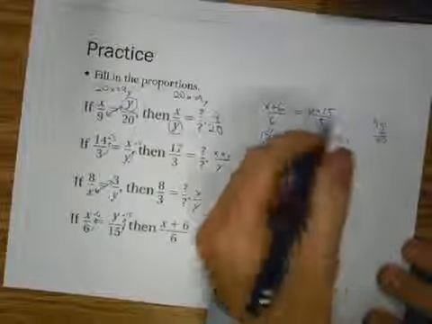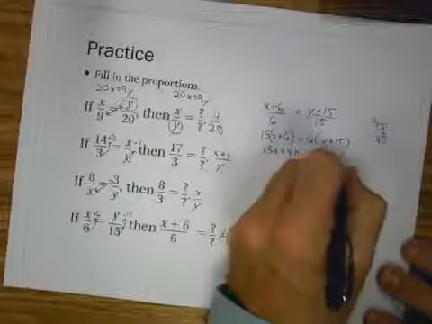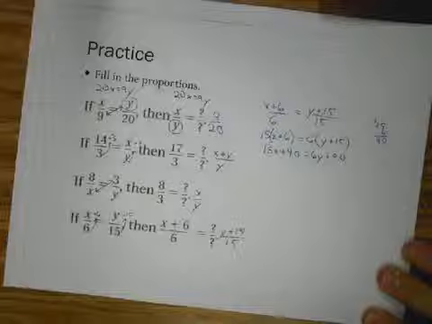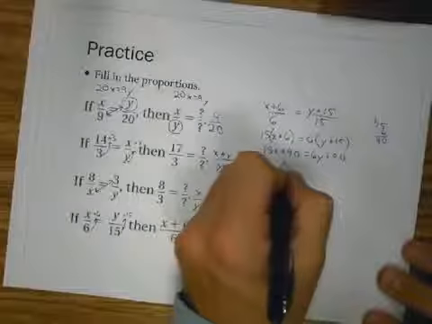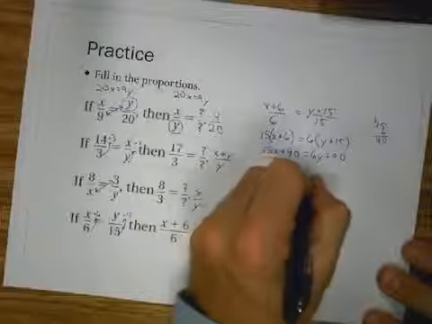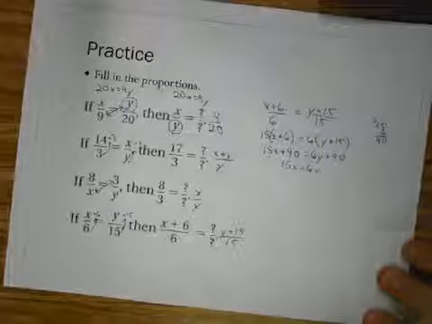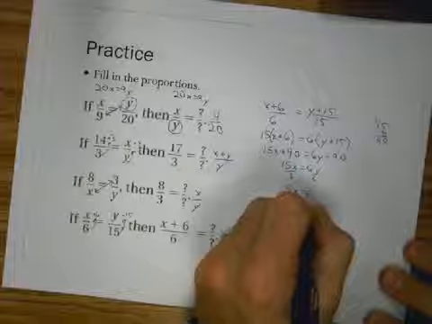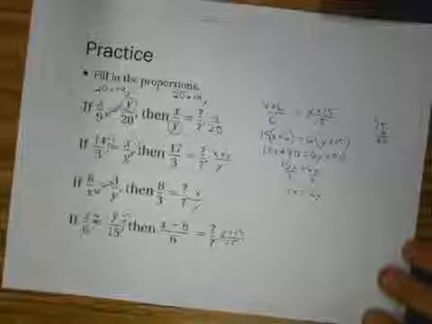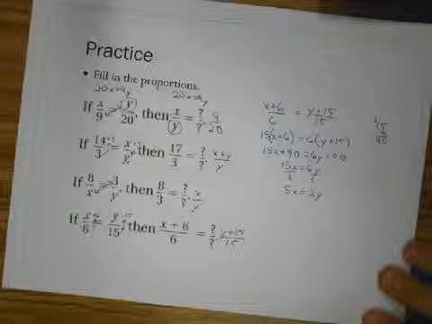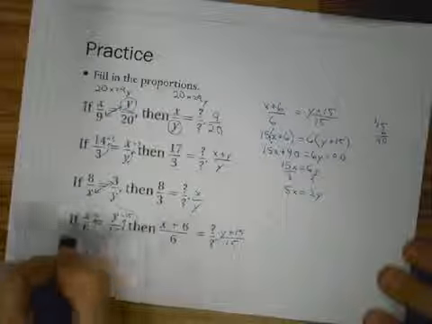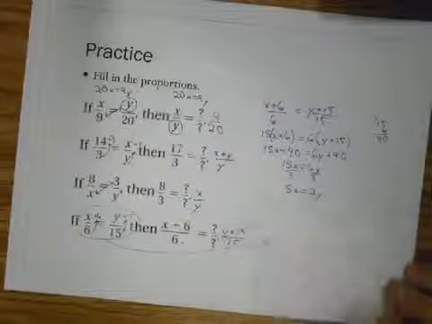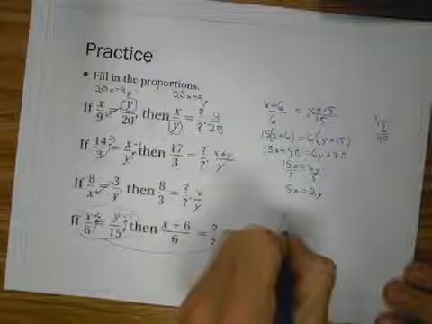Looks like I get 5 and 6 is 30, so it turns out to be 90. So 15x plus 90 equals 6y, oh, 6 times 15, that's still 90. And if I subtract 90 from both sides, I would get 15x equals 6y. From here I could also divide both sides by 3, and it comes down to 5x equals 2y.